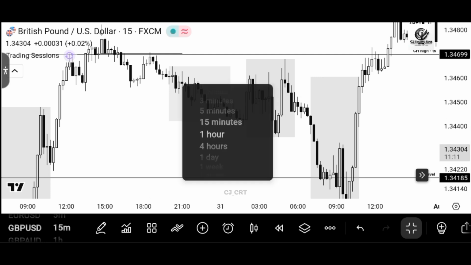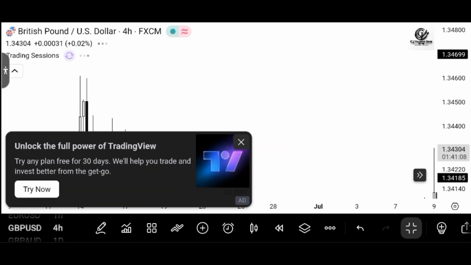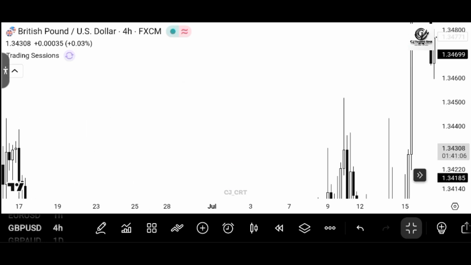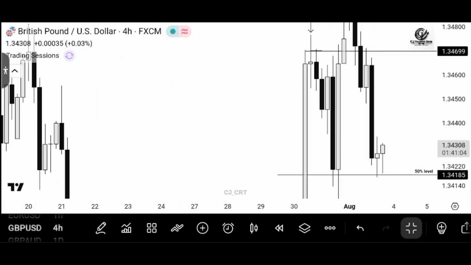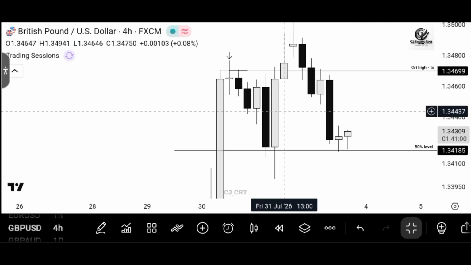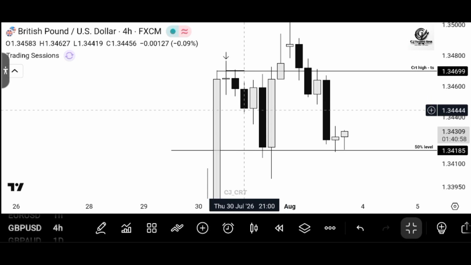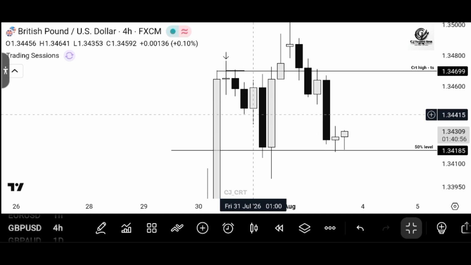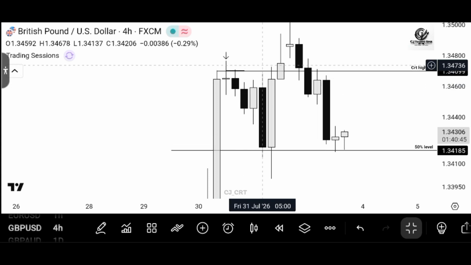Now, I think the CRT he saw was this candle taking out this low, and I think that was where the London move happened. So he was expecting it to buy because we're in a bullish trend.